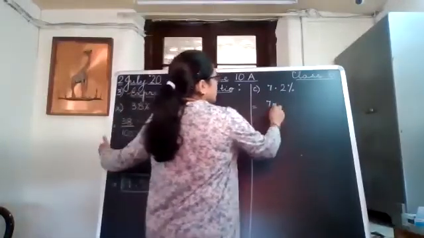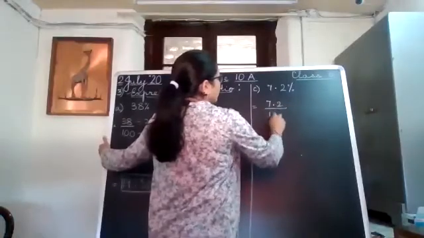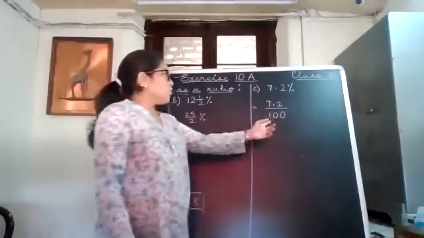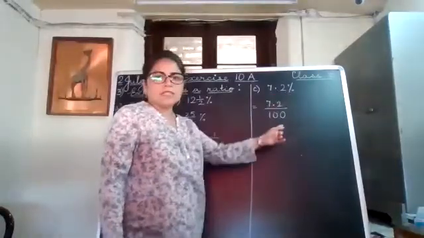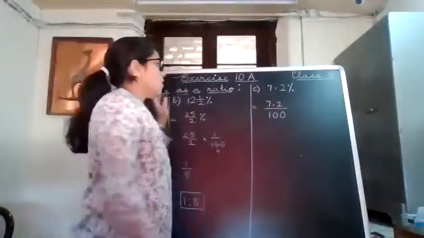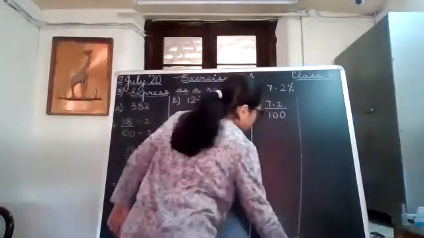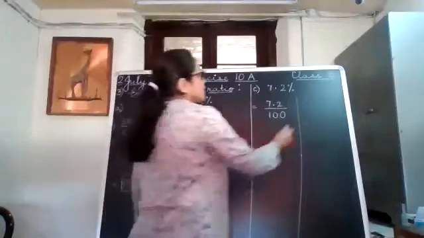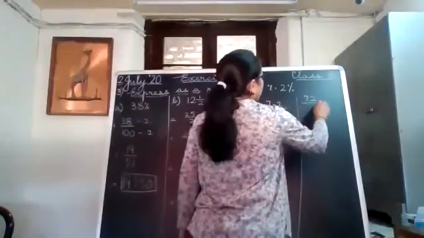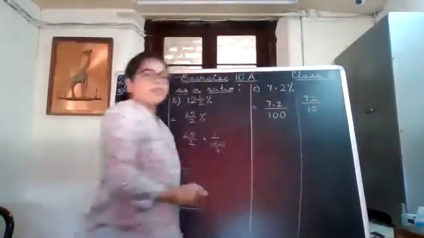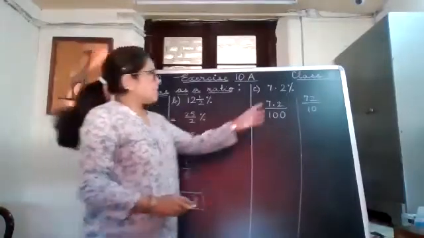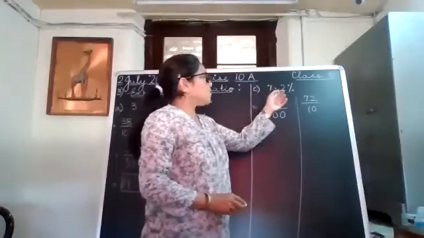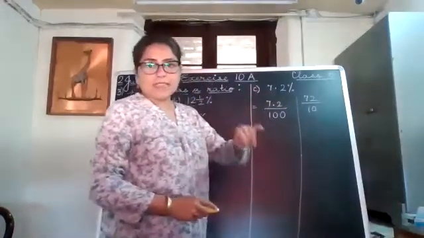Next, if it is a decimal number given as a percentage, this also we have already solved. It means 7.2 upon 100. So you can write it like this. First, if you want to just show the percentage, you can show it like this. Or the other method is you write 7.2 as 72 upon 10, because after the point there is only one place, up to the 10th place.